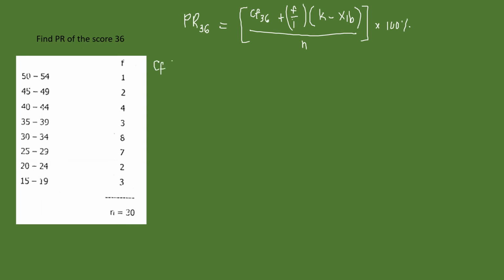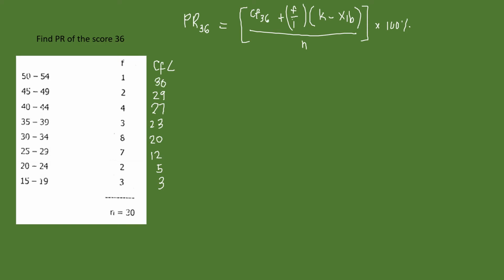So let's first solve the CF less than. So we have 3 plus 2, 5, plus 7, 12, plus 8, 20, plus 3, 23, plus 4, 27, plus 2, 29, plus 1, 30. Okay.